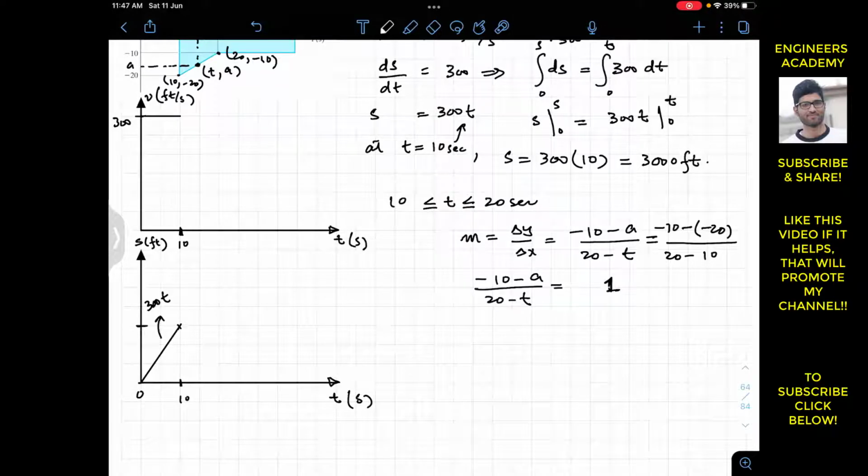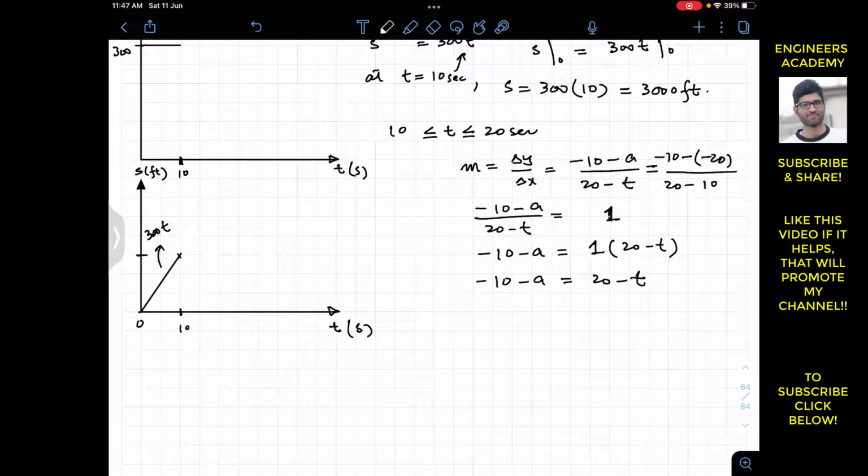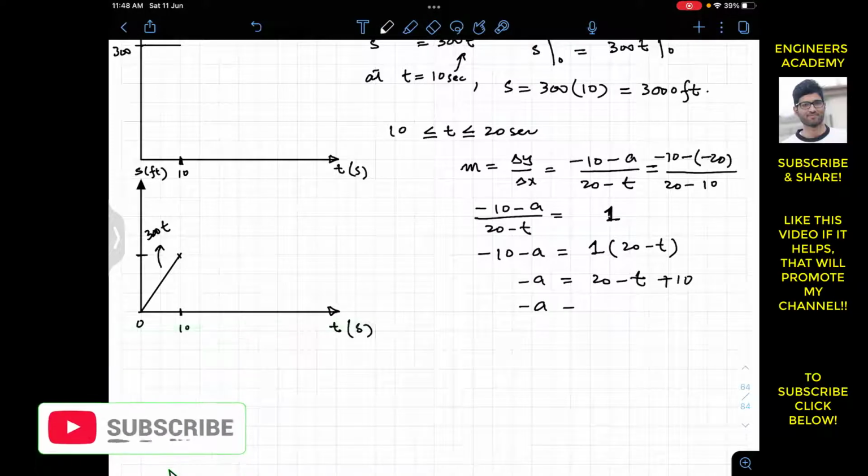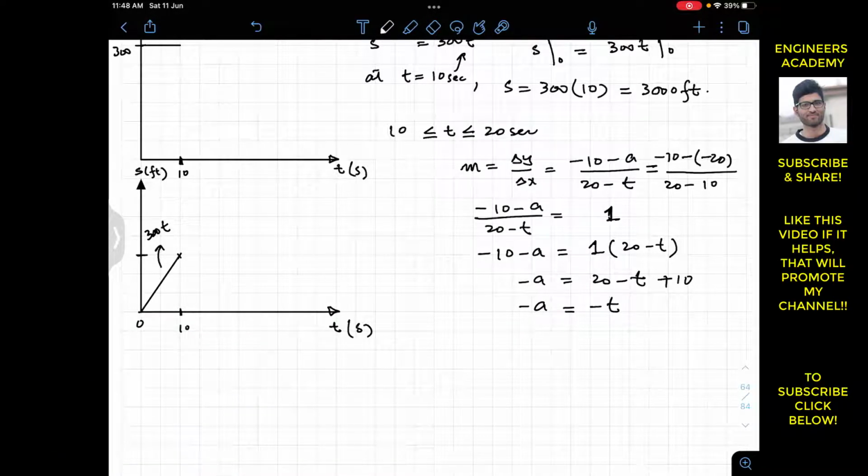And now if I cross multiply both sides with 20 minus t, we will have minus 10 minus a equals 1 multiplied by 20 minus t. And now if I bring this minus 10 to the other side, it will become plus 10. So this is minus a equals minus t plus 20 plus 10, which is plus 30. And now if I multiply both sides with minus sign, this will become plus, and that is minus 30.